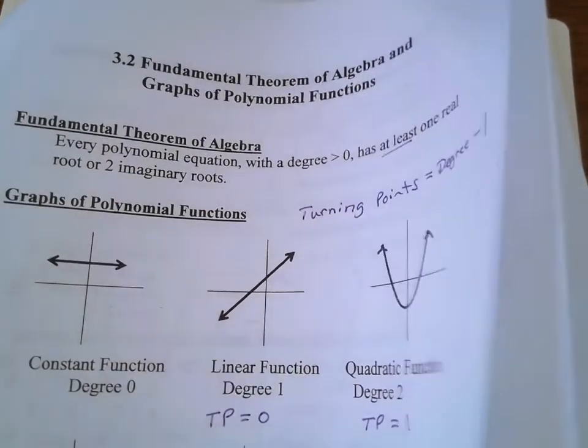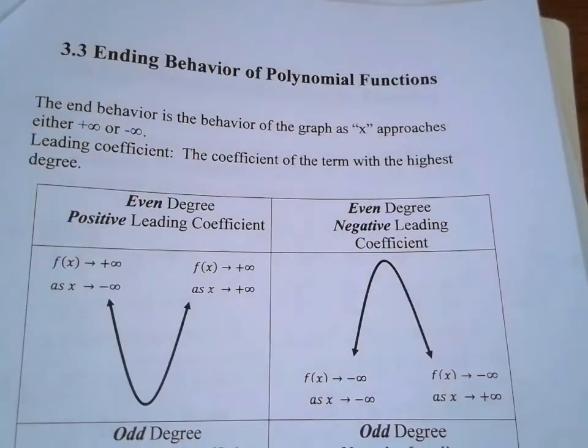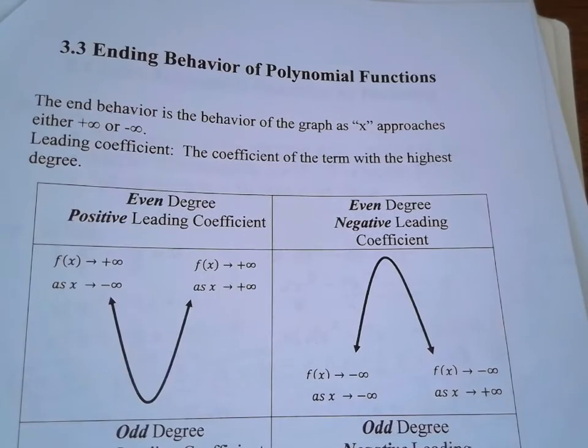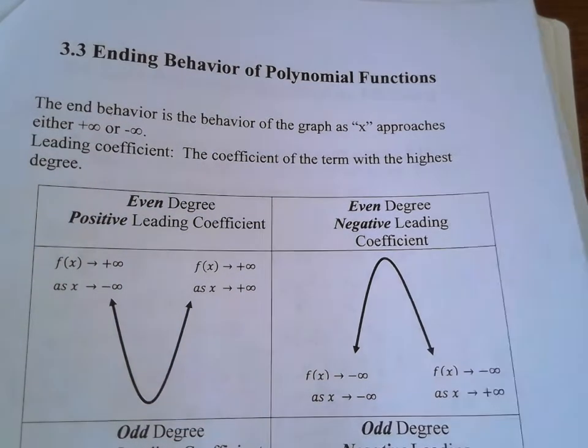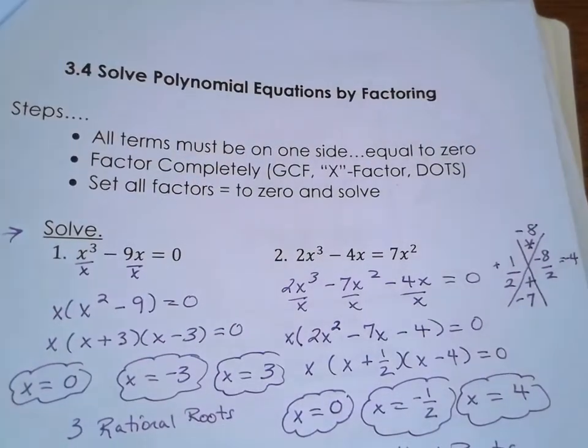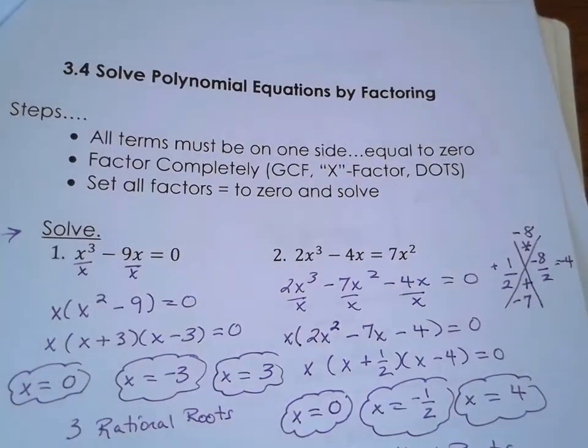Moving on, you need to understand ending behavior. Do the dance. It'll help. And then how to find the roots, because the roots will be the x-intercepts, and that's going to help you to sketch your graph.